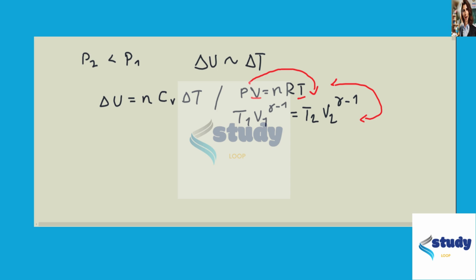When we substitute that into this equation, we obtain the next equation: T1 to the power gamma, P1 to the power 1 minus gamma, equals T2 to the power gamma, P2 to the power 1 minus gamma.